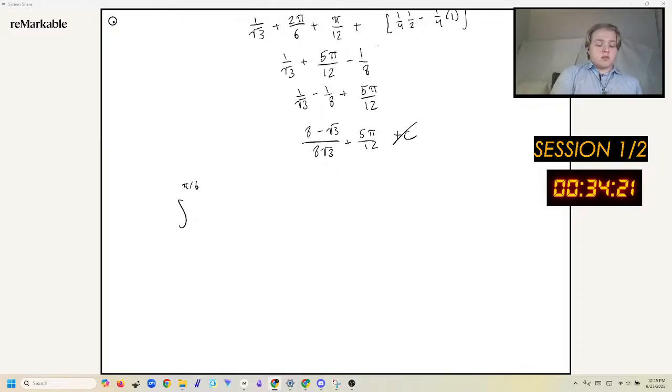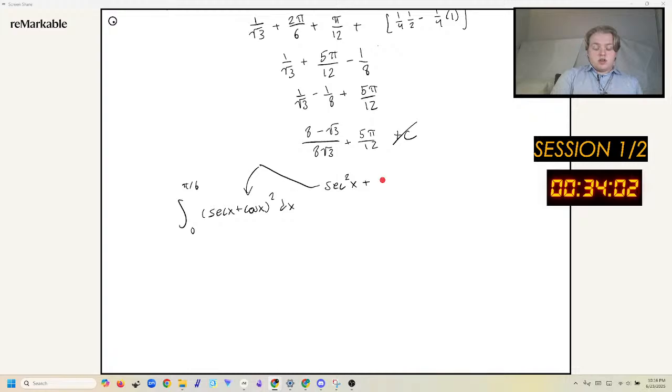From 0 to pi over 6 of (secant x plus cosine x) squared dx. So let's expand the integrand really quickly. That's going to give us secant squared x, plus secant times cosine x plus cosine times secant x, which is just 2 secant x cosine x, plus cosine squared x.